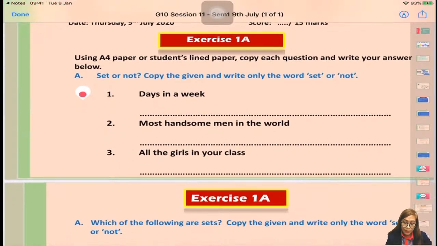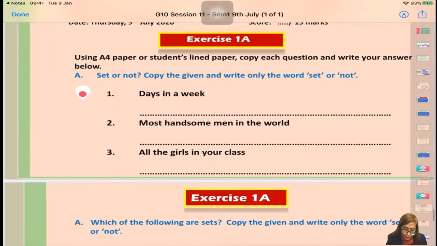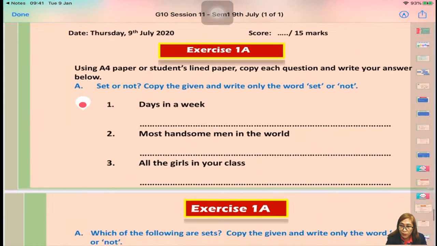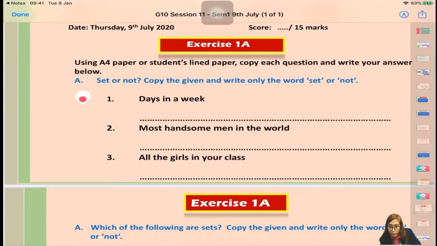This is your exercise. It comes from your math book. If your math book is not with you, don't worry, just take a photo of these, students. Exercise 1A, numbers 1, 2, 3.